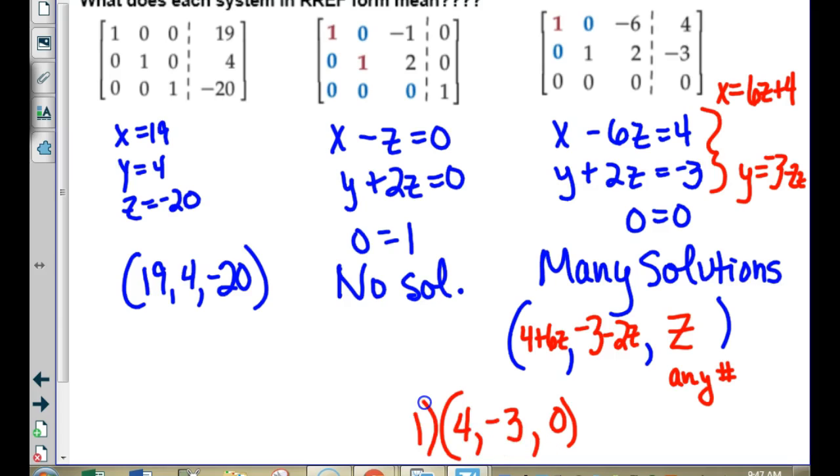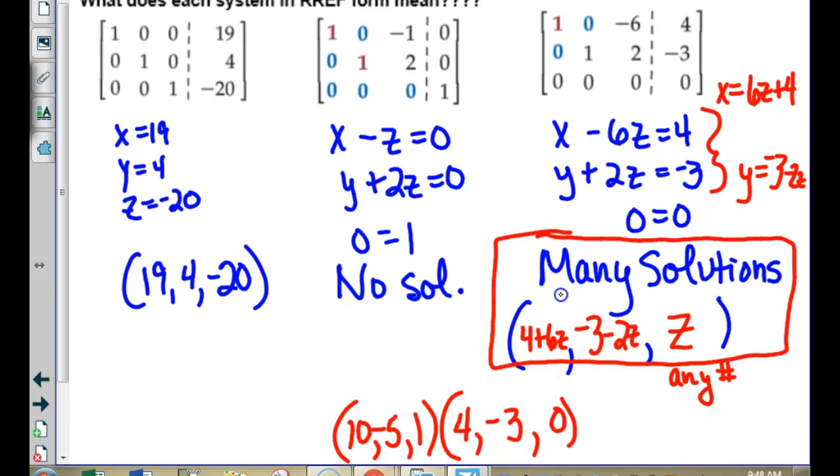What if I said z was 1? This would be negative 3 minus 2 times 1, which would be negative 5. This would be 4 plus 6 times 1, which would be 10. Again, I picked a random value for z. I used to make students always do this and give me at least 2 of the many solutions. This time all it asks for is this.